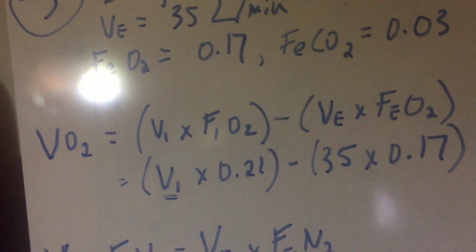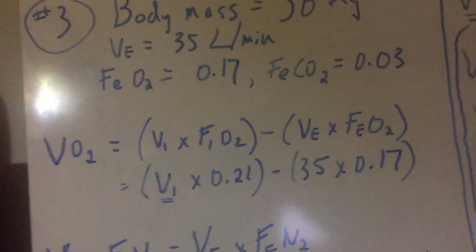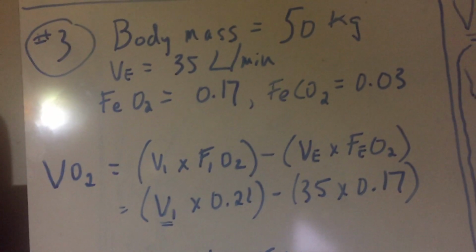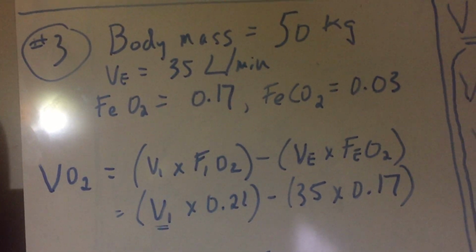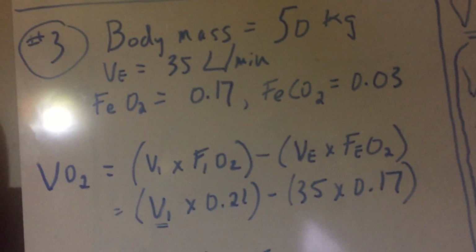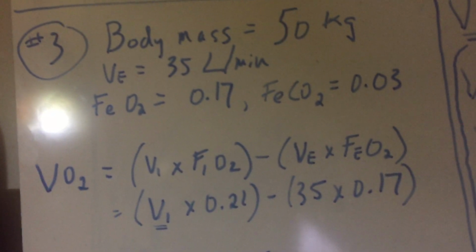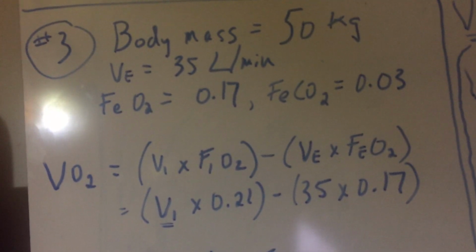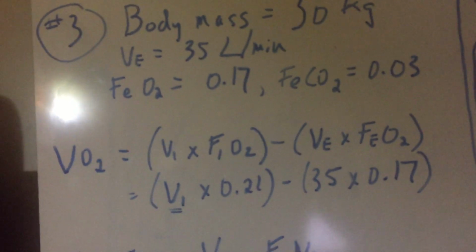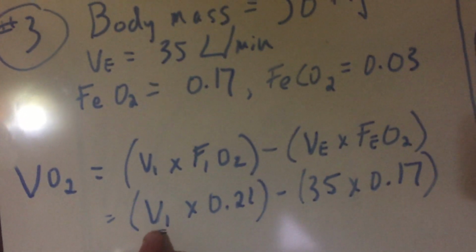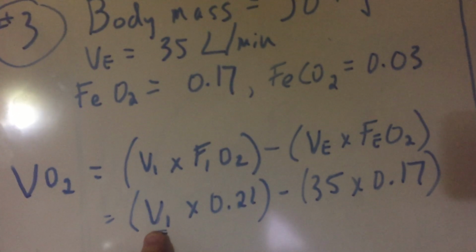To solve for the ventilation inspired, you have to consider that the volume of nitrogen that you inspire is equal to the volume of nitrogen that you expire. That's how you can solve for ventilation inspired.